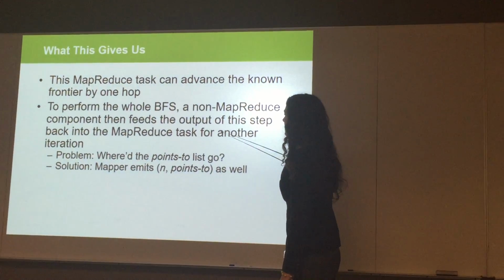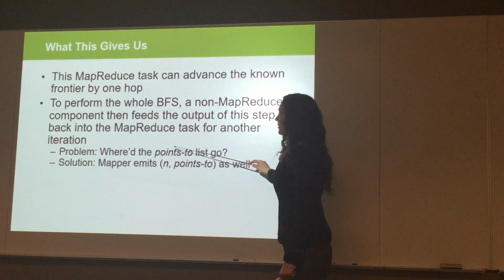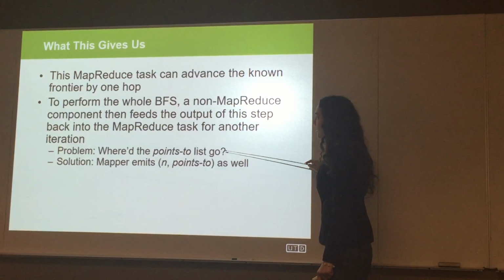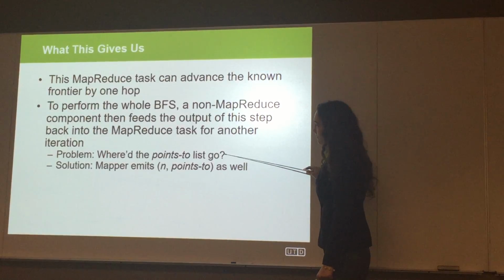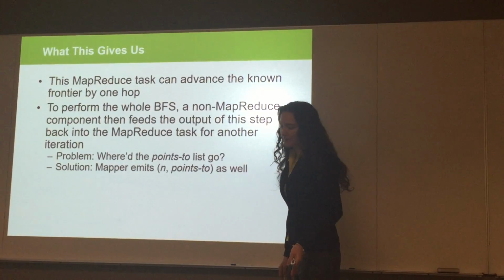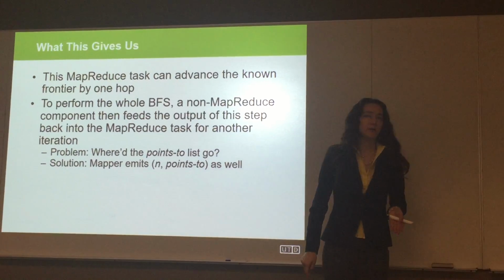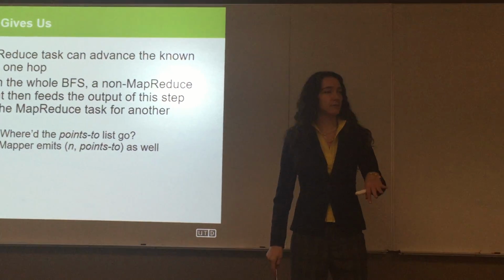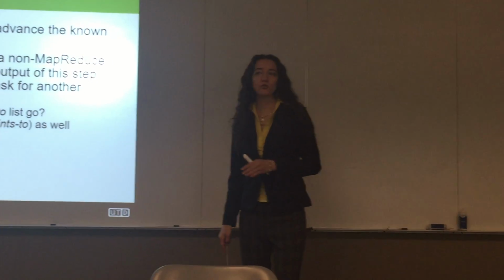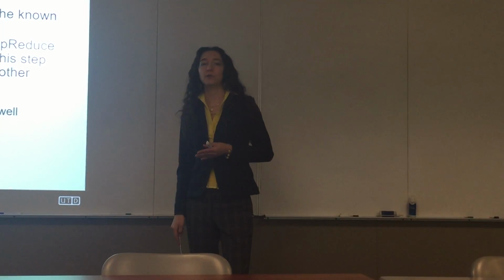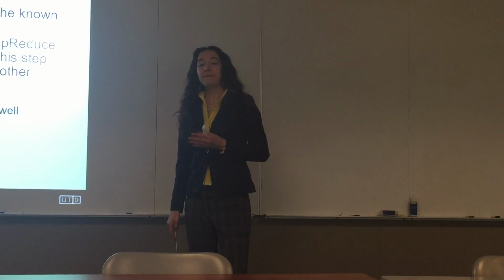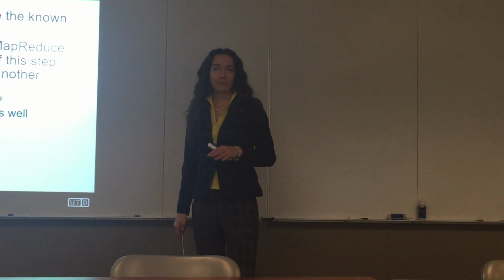So the output of this step goes back to the MapReduce task for another iteration until we reach the destination. So what happens is we have the first node, and it only has information about its neighbors. So it's going to choose one, the closest one, and that's the next node that it goes to. That node also has information about its neighbors.